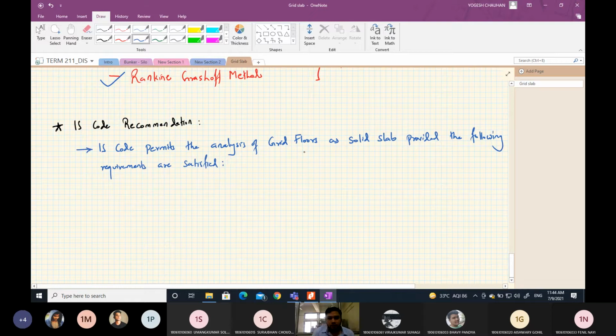So you can design the grid floors as a solid slab provided the following conditions are met.